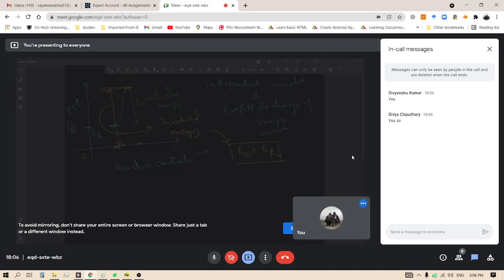Jigyasa, you are there, right? Yes, sir. Clear? Okay, and the remaining, those who have joined late, is this portion clear? I will repeat where this is coming from and why, but is just this graph clear? Cool.